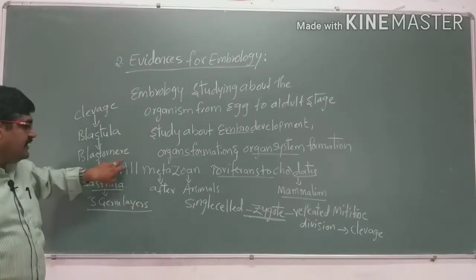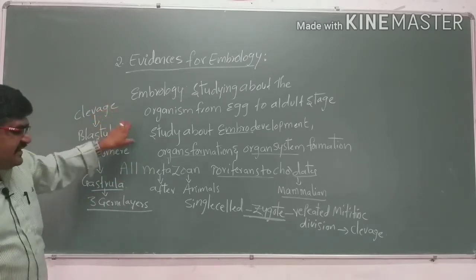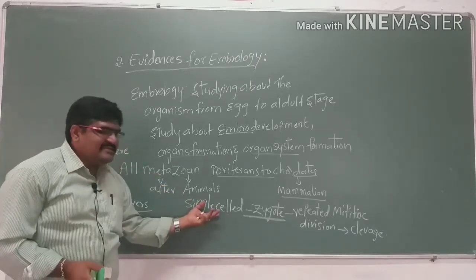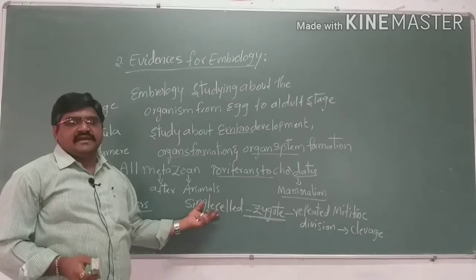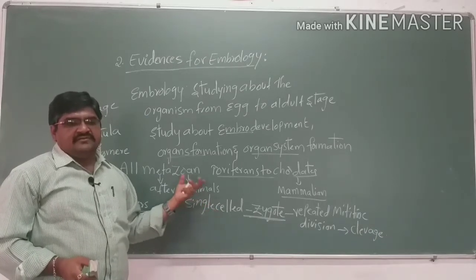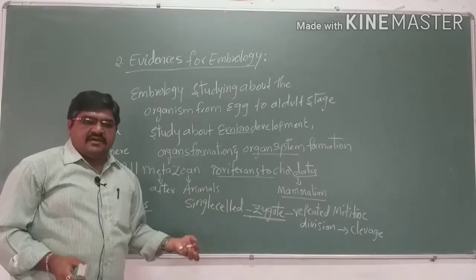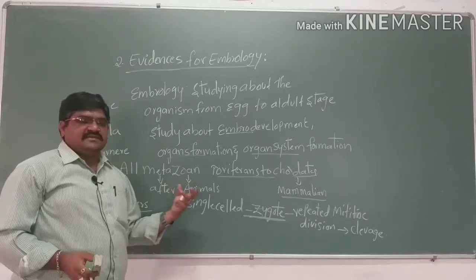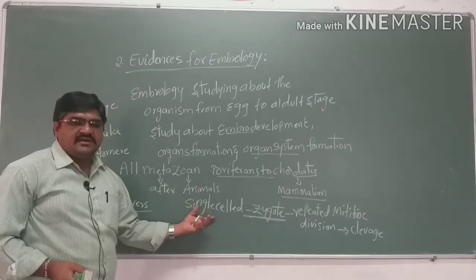So all metazoans have the same development from a single celled stage. Also in chordates, the first formed single cell is the zygote.